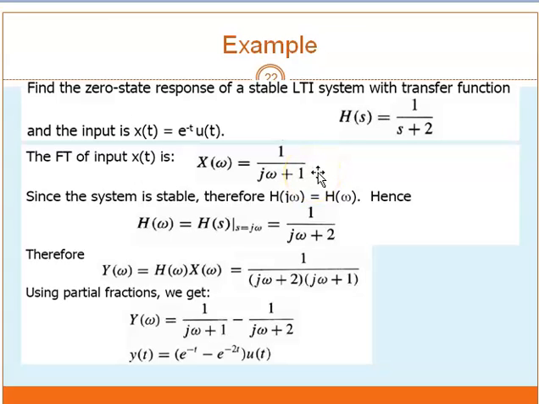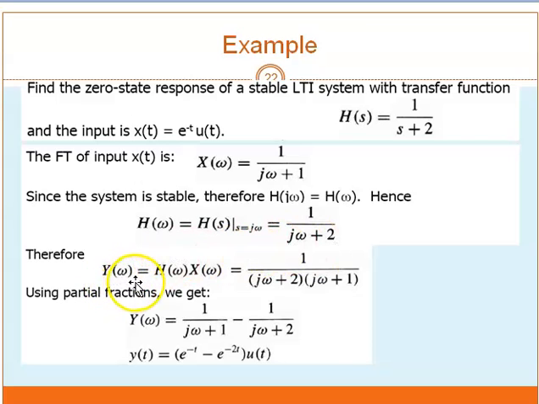You can get it from the table. Since the system is stable, H(jω) will be equal to H(ω). Hence, you will have 1 over jω plus 2.